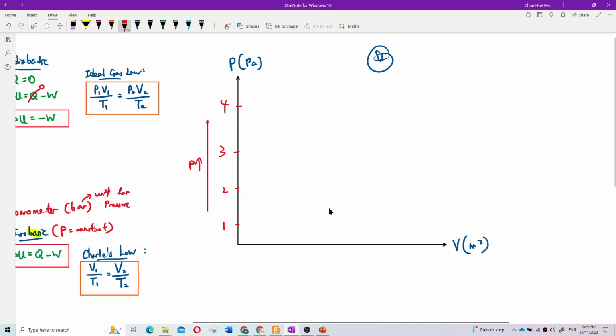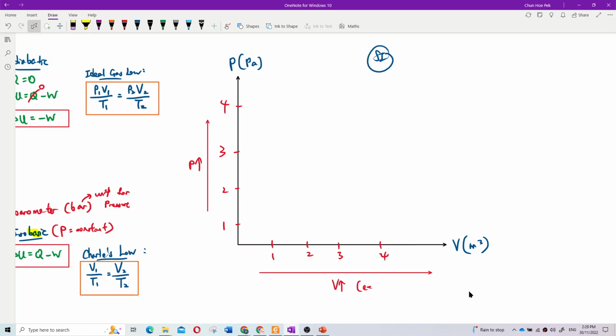And then volume also going bigger and bigger. Going to the right is also increasing. We call it expansion. Volume increase. Expansion. Okay, class.